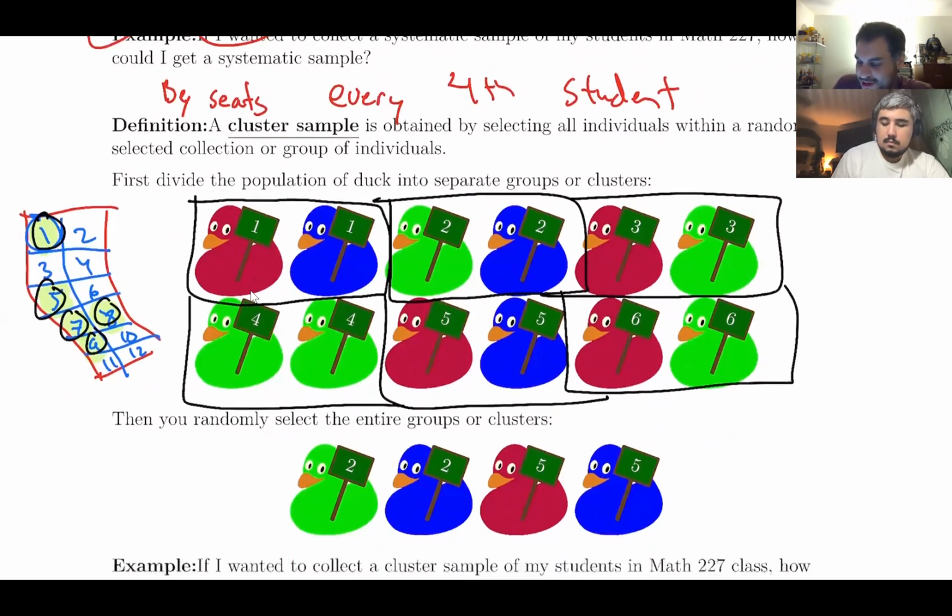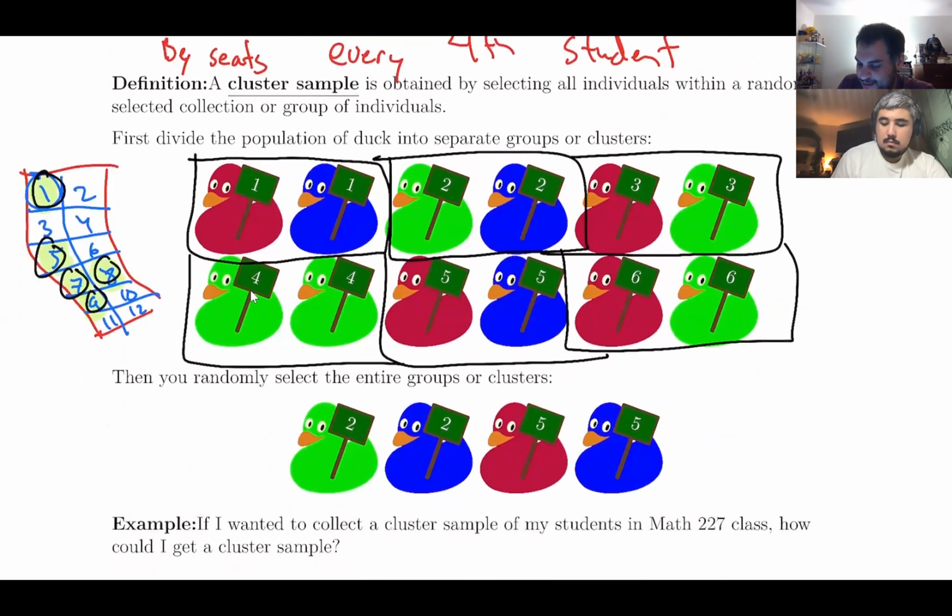The 2 clusters that I randomly chose are 2 and 5. Since I randomly selected cluster 2 and 5, everybody in both of those clusters automatically gets chosen. In this case, it's the ducks. So I select everybody in cluster 2, everybody in cluster 5. And we're hoping that this sample is a representative sample. But that's it for that one.